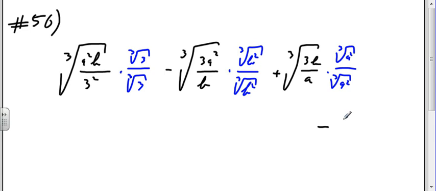Now, 24 is 8 times 3, right? So that's 2a b squared cube root of 3 a squared b squared. That won't work.